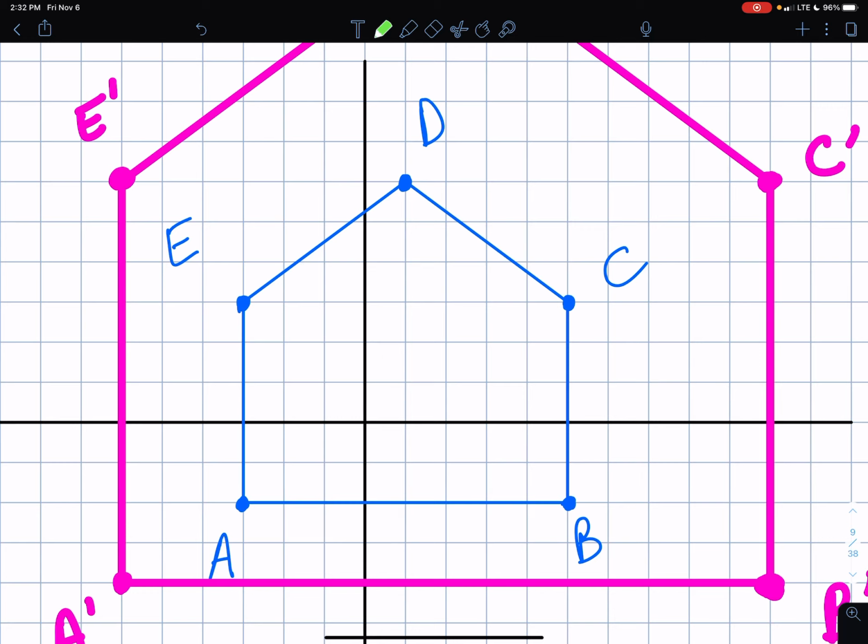If we want to find the area of this smaller blue pentagon or house, right? The first thing we've always done is we've thought about the shapes we have. We've thought about the formula for area for those shapes, and then we try to just find that information and plug it into the formula, right? But the only problem is we have never talked about finding the area of a pentagon.